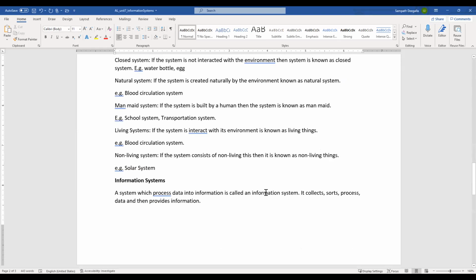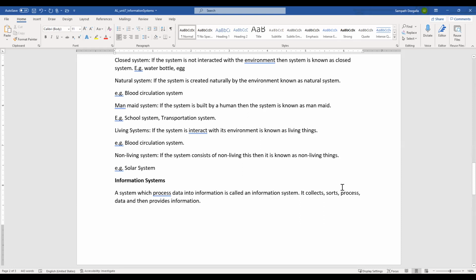Living means it interacts with the environment. If it consists of non-living things, like the solar system, we take it as a non-living system. So that's the very first part. And then we went on to look at information systems.